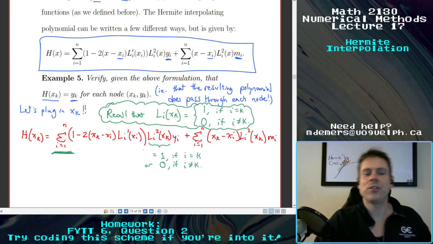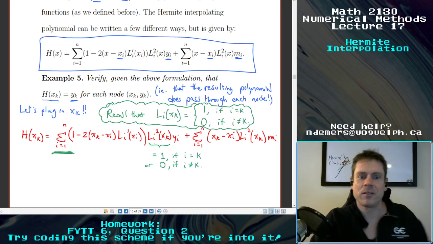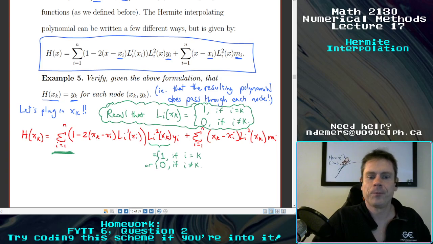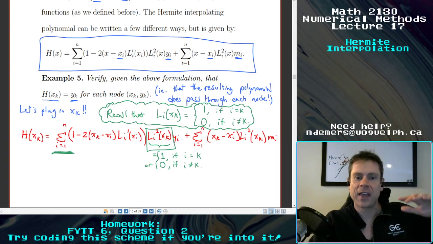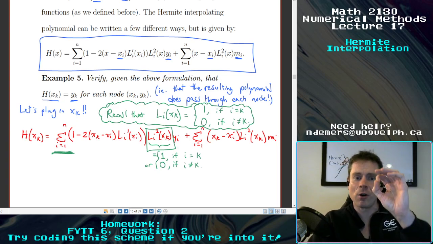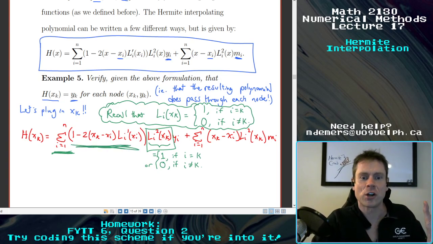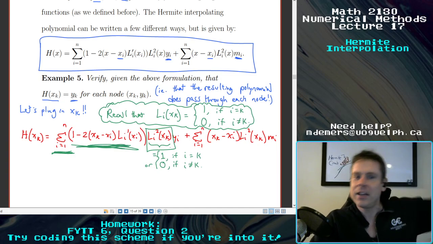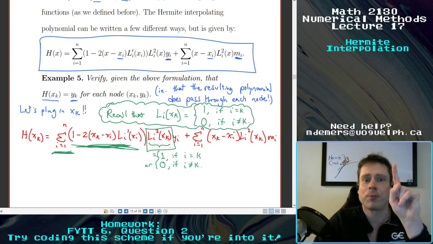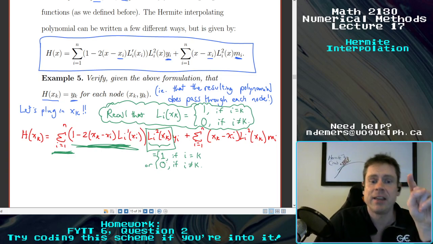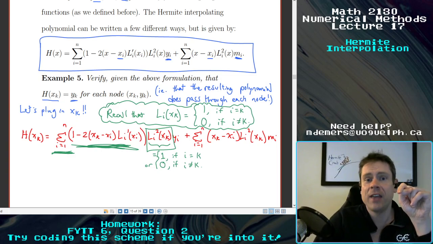So essentially, the reason I'm picking on that piece is because this is going to be 0 most of the time. This quantity is going to equal 0 whenever the i is not equal to the k. And therefore, I'm going to get 0 times all of this junk over here and the yi. It's going to kill the whole thing for every single one of those terms except for a single one. And that is the case where i is equal to k.